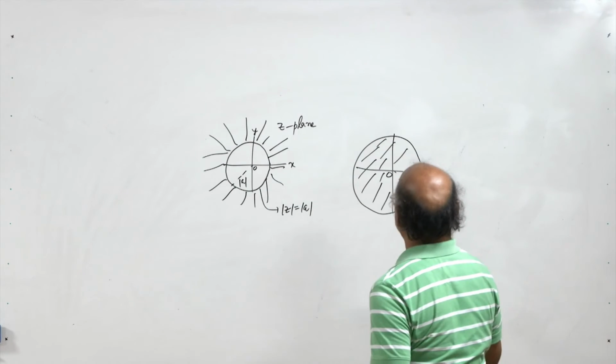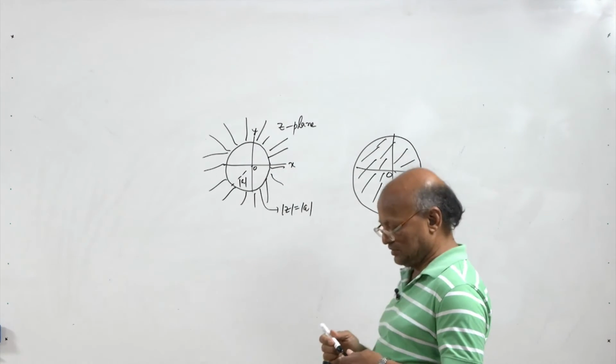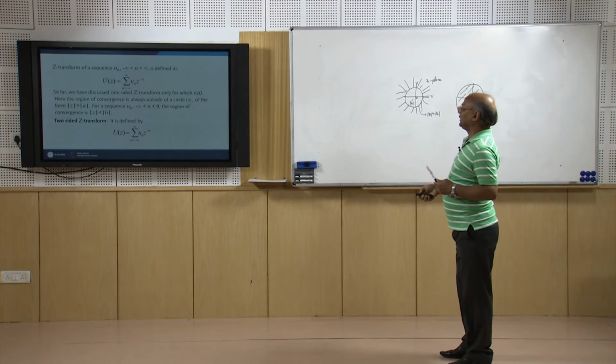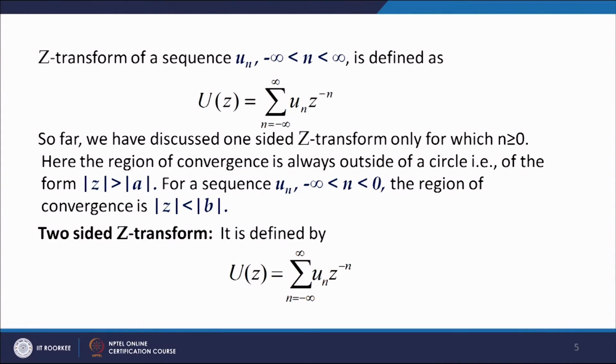The region of convergence lies to the interior of the circle. So, in the case of two-sided Z transform, for the negative powers of z, we get the region of convergence which is outside the circle. For the powers of z which are positive, the region of convergence will look like it is inside the circle.